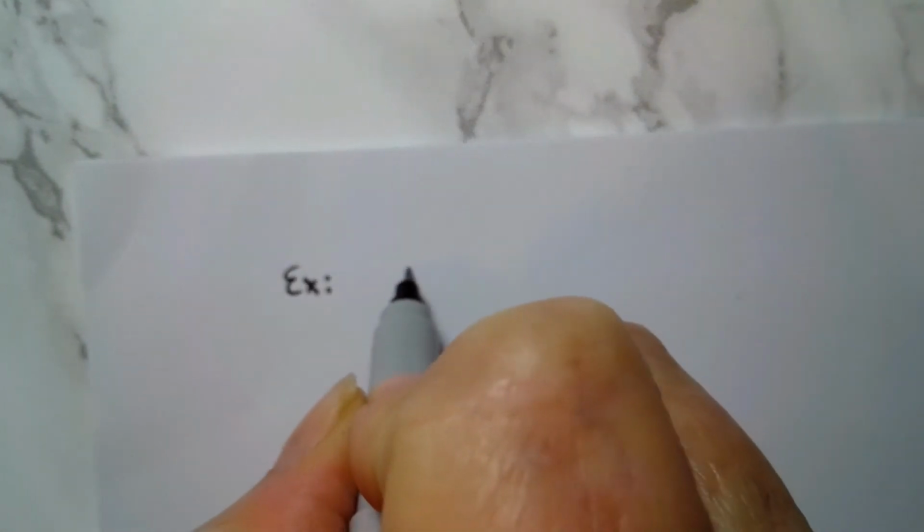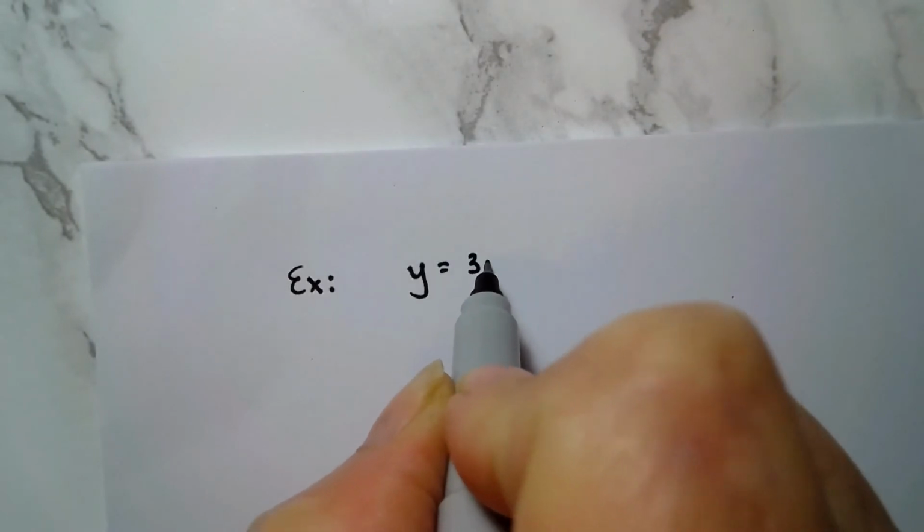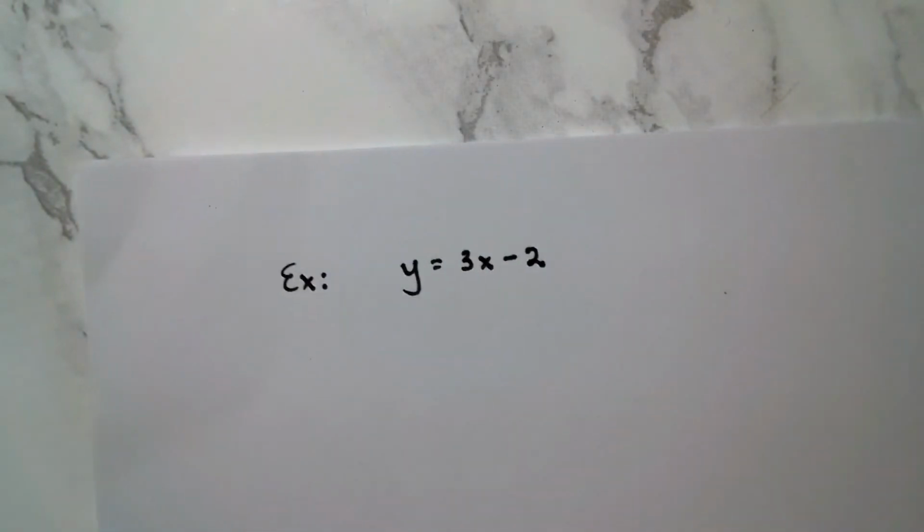It's more work if you have to find the equation of the line to begin with. So for example, suppose I said y is equal to 3x minus 2.